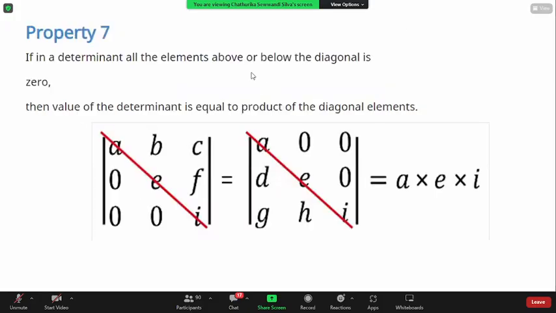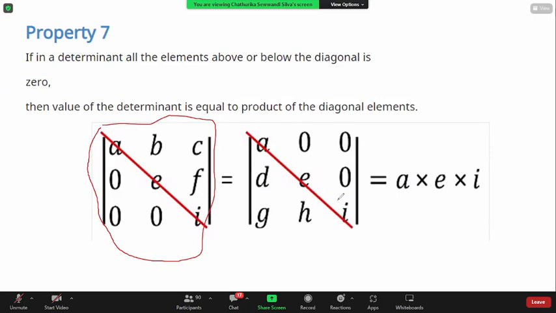Then there's an additional property, property number 7. All these properties are very important for your MCQs. Remember that. If in a determinant all elements above or below the diagonal are 0, then before going to the property, can you give me a name to represent this particular matrix? Upper triangular matrix.